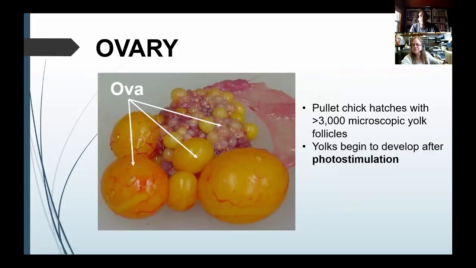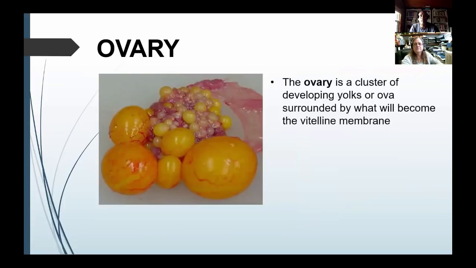The yolk is produced in the liver and transported to the ovary, where it is deposited in the developing follicles, and the largest follicle is ovulated first. So the vitelline membrane is the membrane that surrounds the yolk or ova.